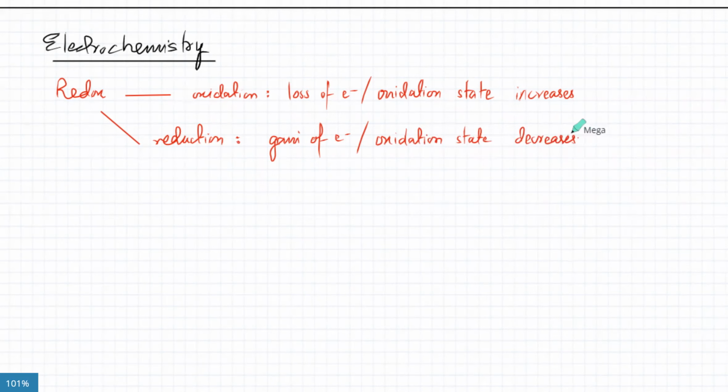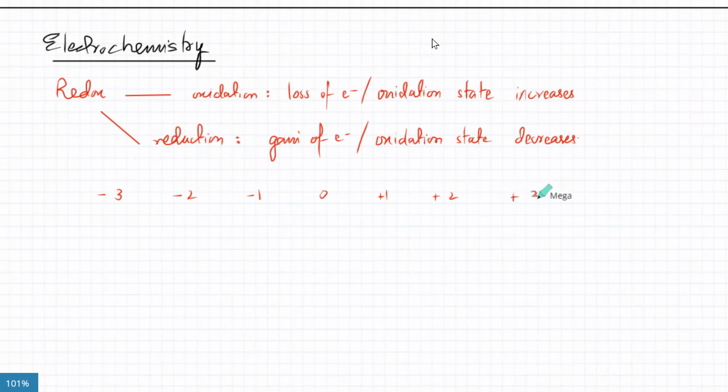So everything has charges on it, which we're going to call oxidation states. So if you have -3, -2, -1, different substances will have different oxidation states. This is +1, +2, +3.